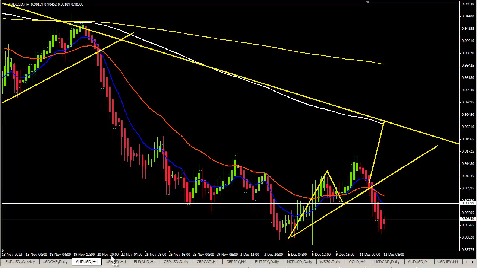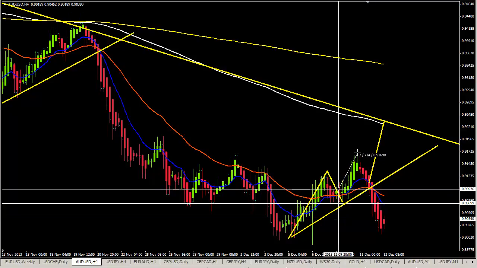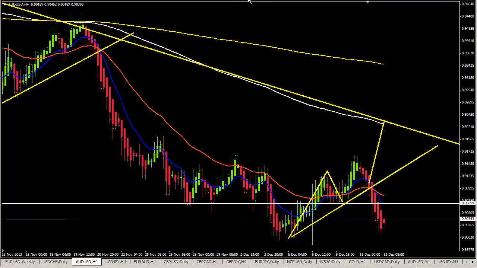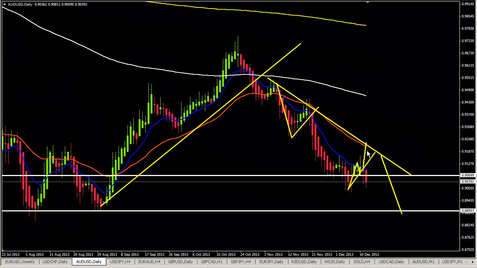Australian dollar, US dollar, that was this scenario. The price made about 70 pips and then it came back down, so we didn't have a really big retracement as expected to the 36.